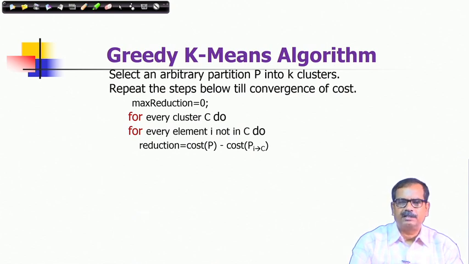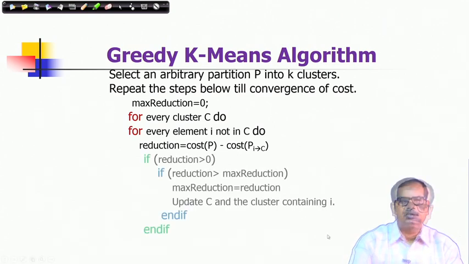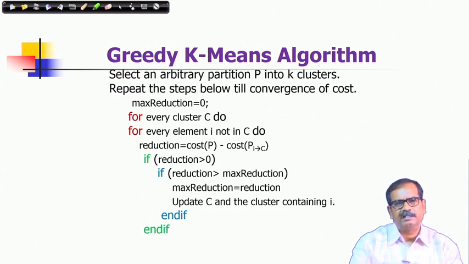The labels of the rest of the assignments remain the same, and then you can quickly compute this cost. So, if there is a reduction, and if this reduction is greater than the maximum reduction, then you should update C and the cluster containing i.